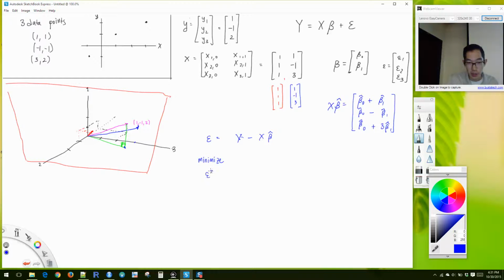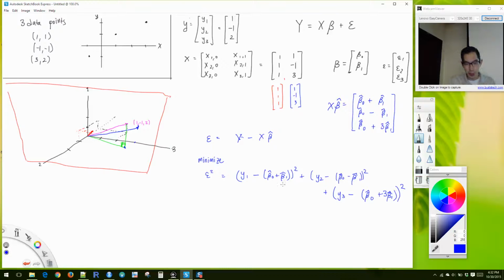Okay, so this is going to be y1 minus the quantity beta 0 hat plus beta 1 hat, squared, plus y2 minus, and our third term is y3 minus. I think I did that correctly.